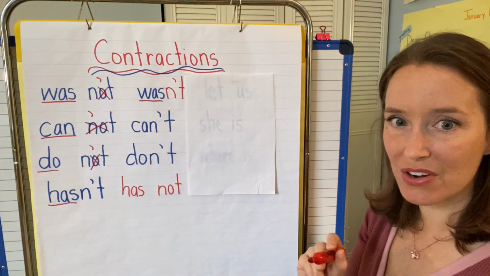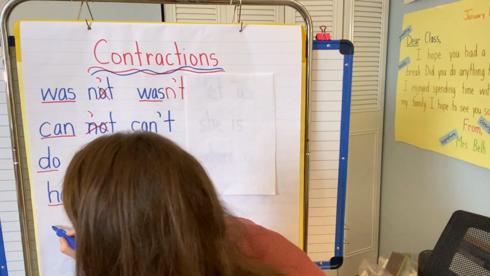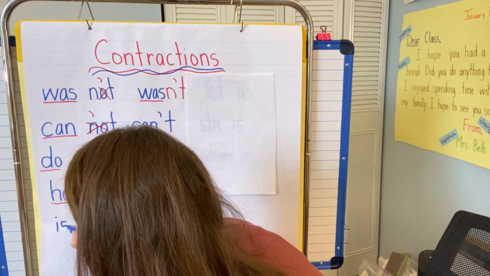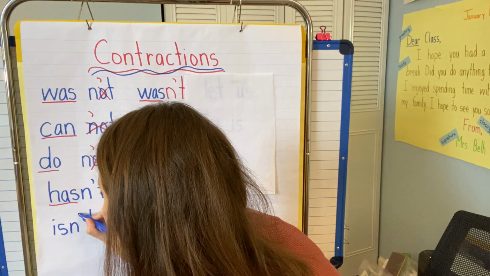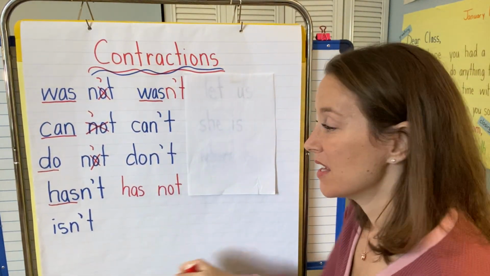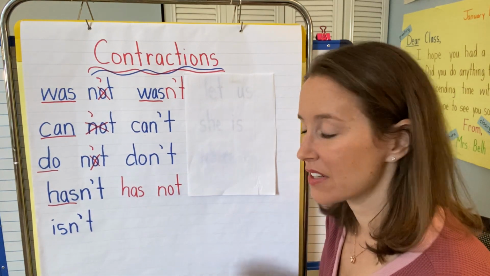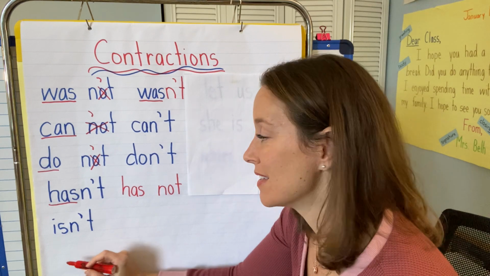Let's try another one. Isn't. Do you see this? Isn't. He isn't here. Do you see a little word at the beginning? Look through.